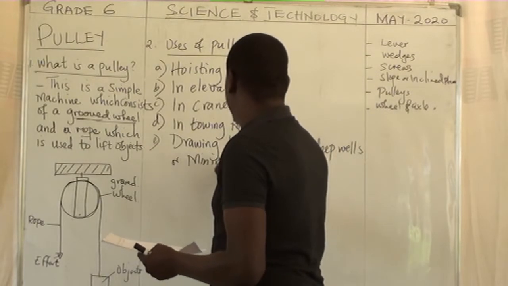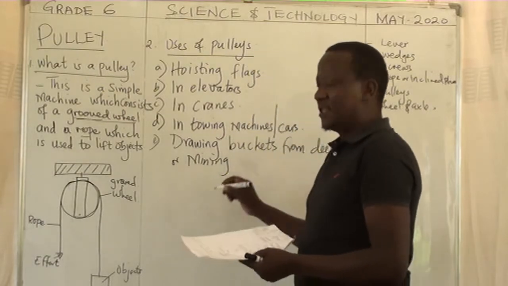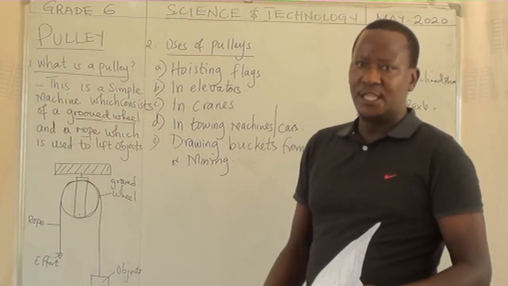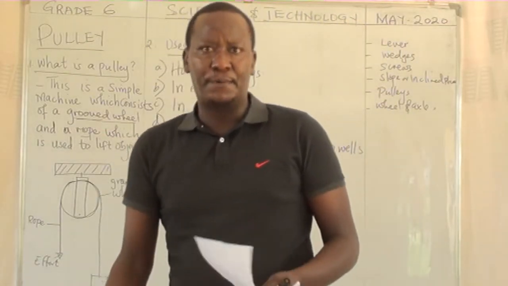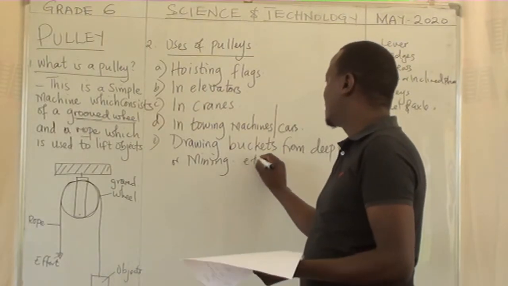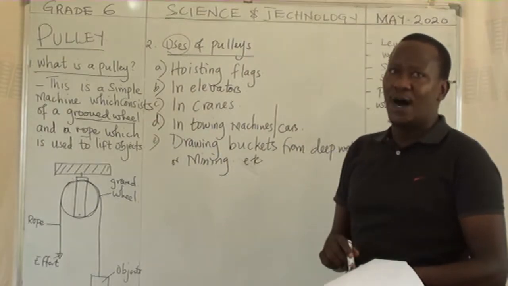If you have to get water from the wells, there is a time you can use a pulley to lift the buckets from the deep wells. So these are some few examples, these few uses of our pulleys.